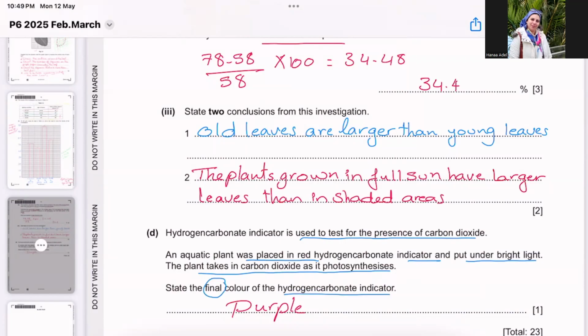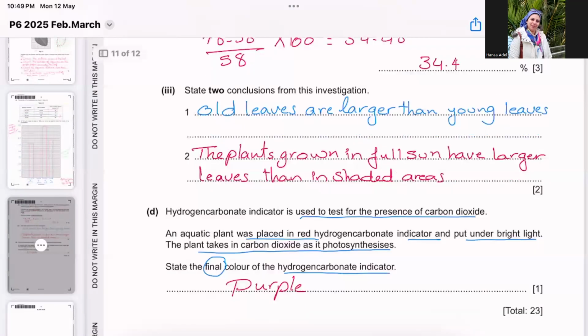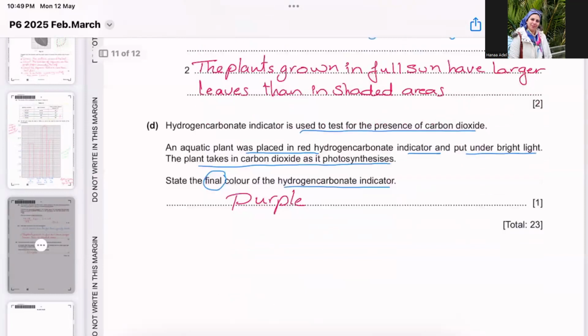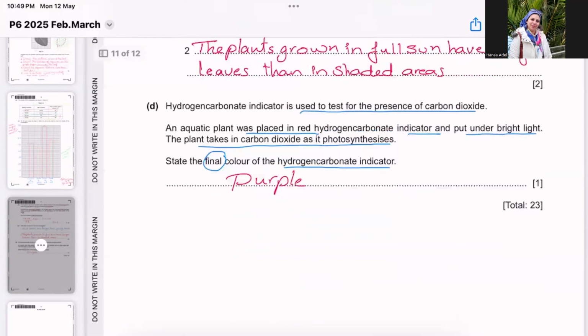We know that hydrogen carbonate indicator tests the presence of carbon dioxide. If it is more, the color of hydrogen carbonate indicator changes into yellow. But in this question, they ask about after the consumption of carbon dioxide, so there is no carbon dioxide, so they ask about the negative result of hydrogen carbonate indicator, which is purple.